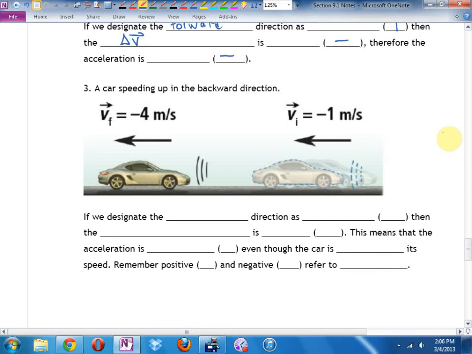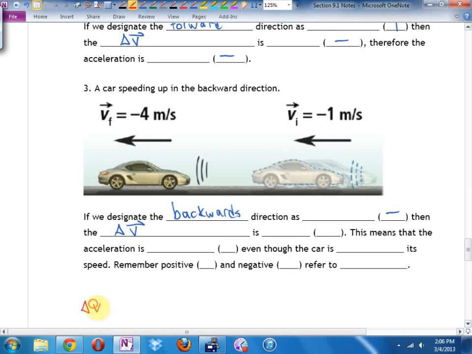Okay. What if we have a car speeding up in the backward direction? So now I've given you some initials and some finals, actual numbers. If we designate backwards as negative, which makes sense to me, what direction is the change? What's the sign of the change in velocity, negative or positive? Let's find out.